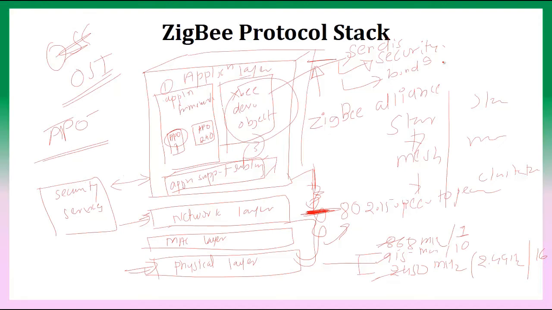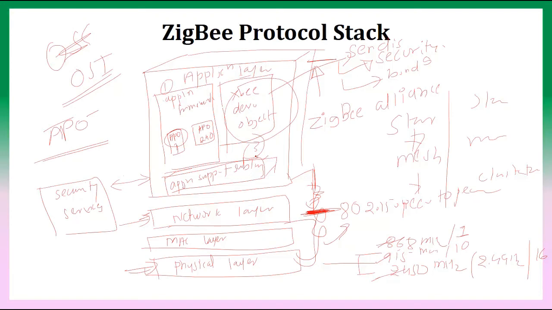The last one is the third one, the application support layer or application support sublayer. The application support sublayer provides the interface between the NWK and the APL, that is, the network layer and the application layer, by providing APS data and management entities.